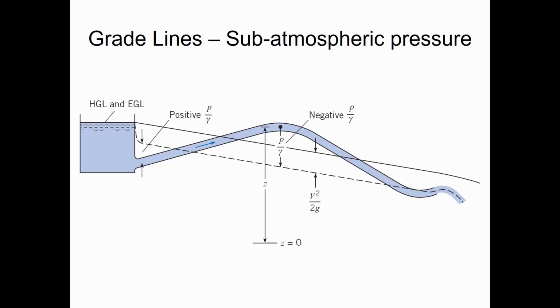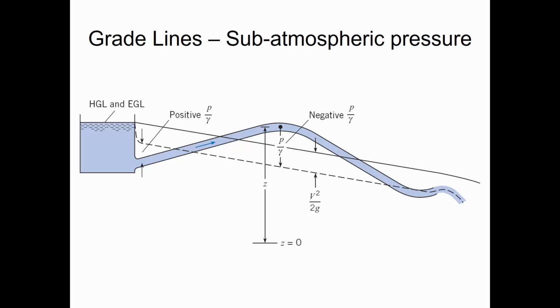I mean, the conditions in the pipe are changing. For instance, as the water is going up, then you're gaining Z, but you're losing pressure. But the sum of those two things together is constant as you move up and down, either through the tank or in the pipe. Because remember, HGL is the sum of pressure head and elevation head.